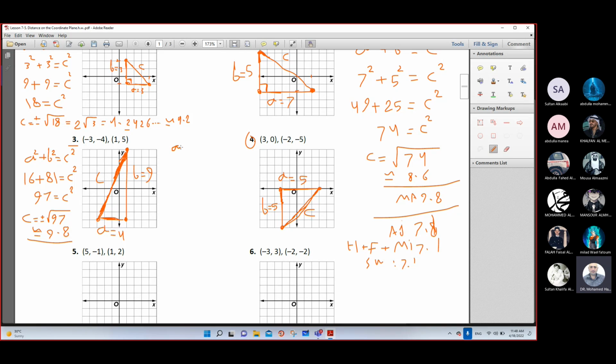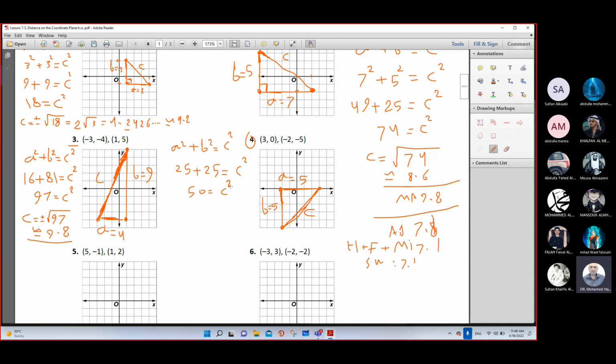A squared plus B squared equals C squared. So A equal 5. 5 squared means 25. Plus B squared equal 25 equals C squared. 25 plus 25 equal 50.